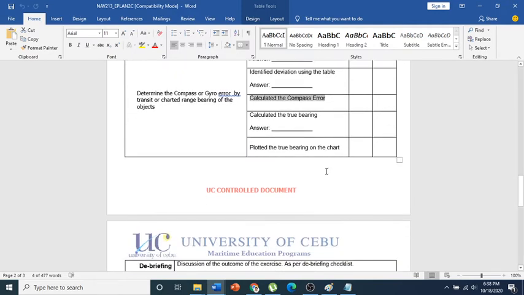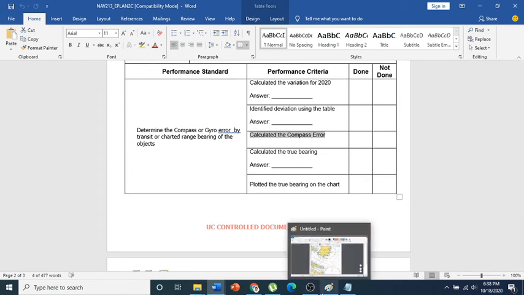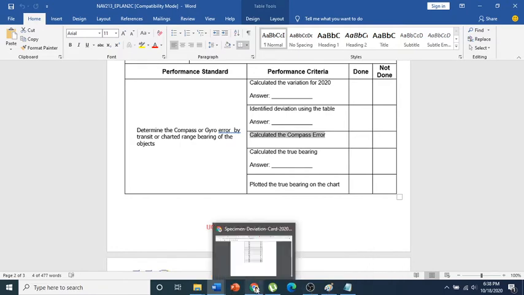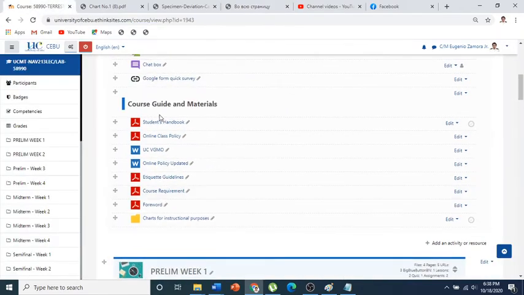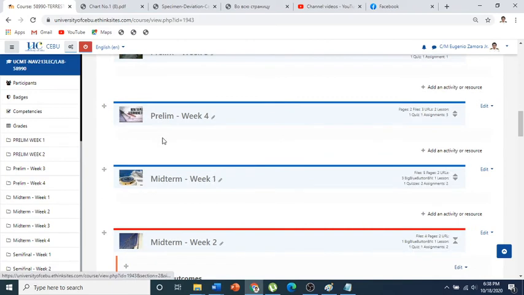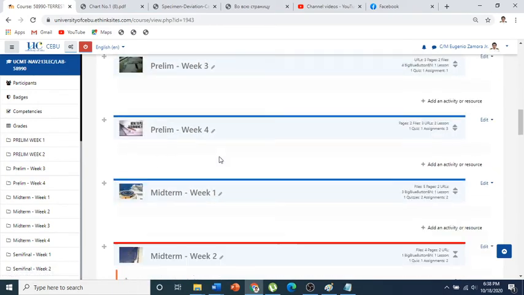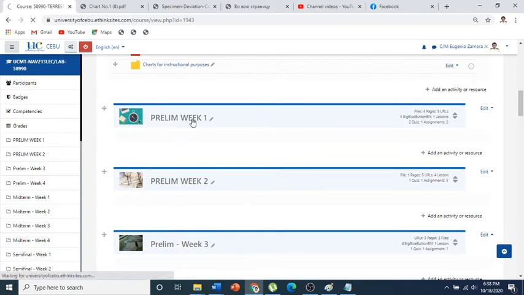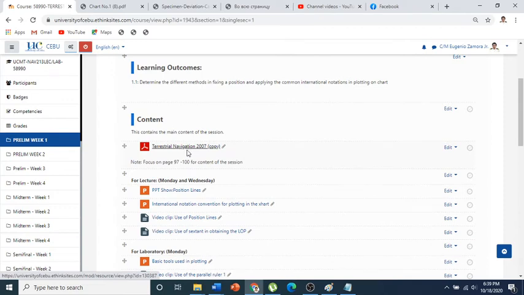Then the next task is to calculate the true bearing. If you're still not familiar with the computation, or if you missed the discussion, I advise you to refresh by reading the contents in weeks 1 and 2, or another useful way is to read this Terrestrial Navigation.